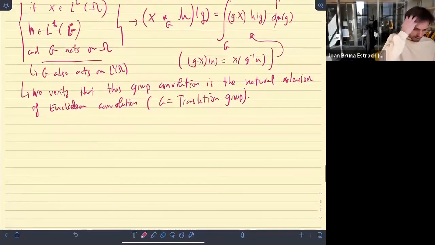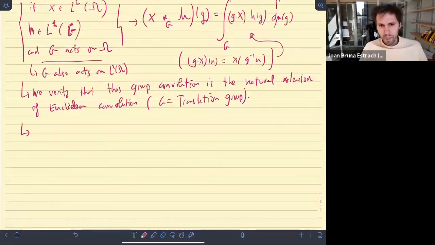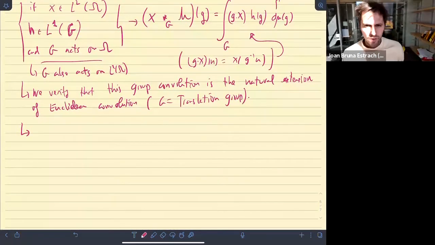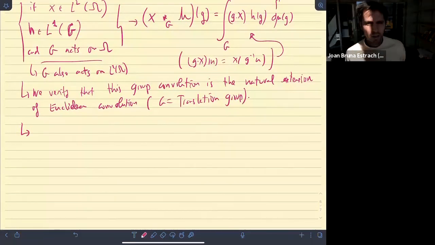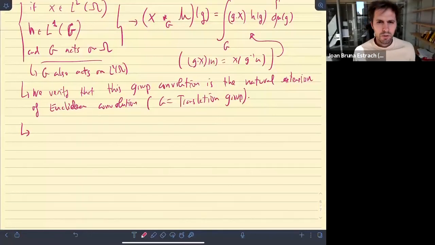We are not going to go too much into the details, but let me just say a few things. Remember that in the Euclidean case, we described convolutions as all the linear operators that commute with the group.